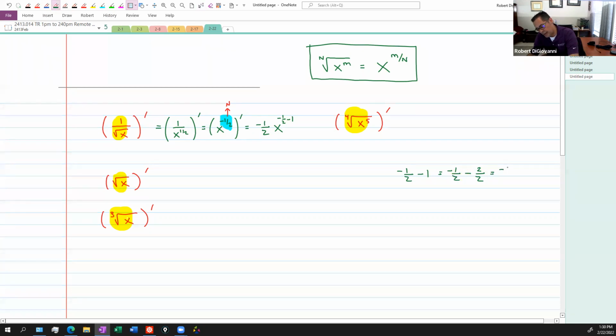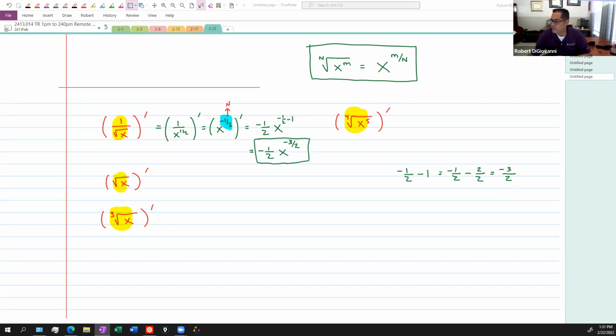Negative 1 minus 2 is negative 3, over the common denominator of 2. So this should be negative 1/2 x to the negative 3/2. And you can just leave it like that. You don't have to do anything else to that. So hopefully you got that. Are there any questions on that?